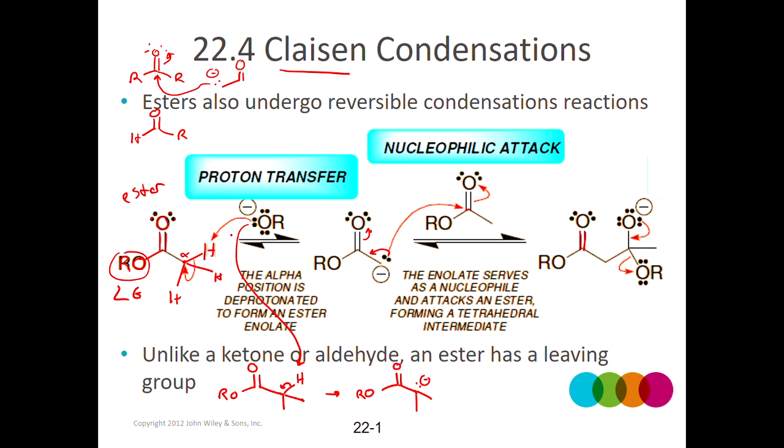Then that could attack another molecule of the ester that hadn't yet formed into an enolate. Then, just like up here, those electrons swing back down and push out the leaving group.